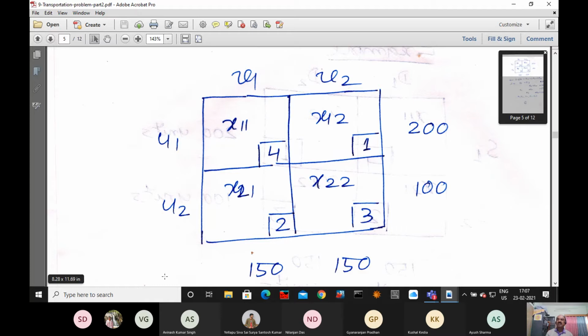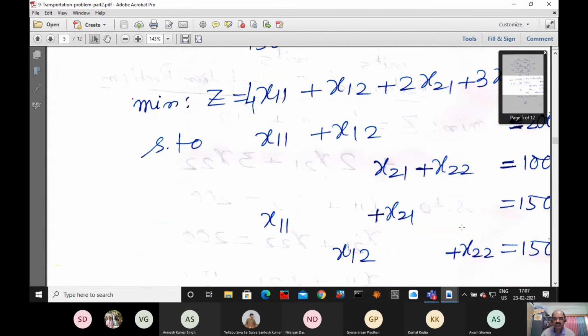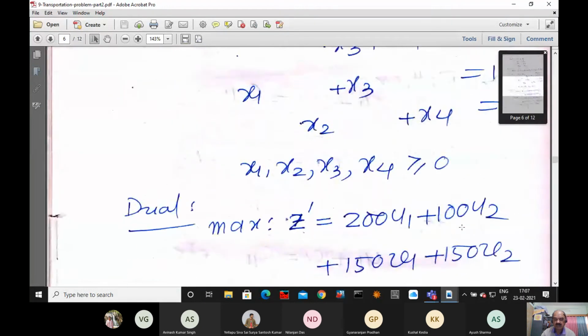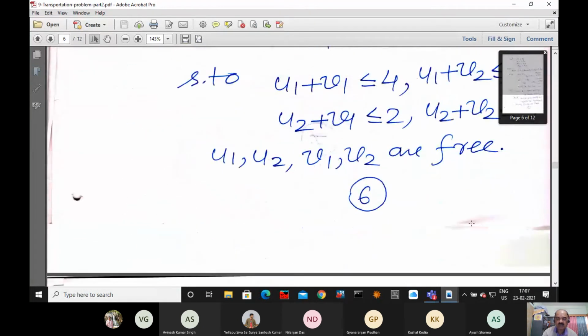So even if it is the same, the present solution is not optimal. So to find the optimal solution, we have to apply Modi's method, that is the modified distribution method.